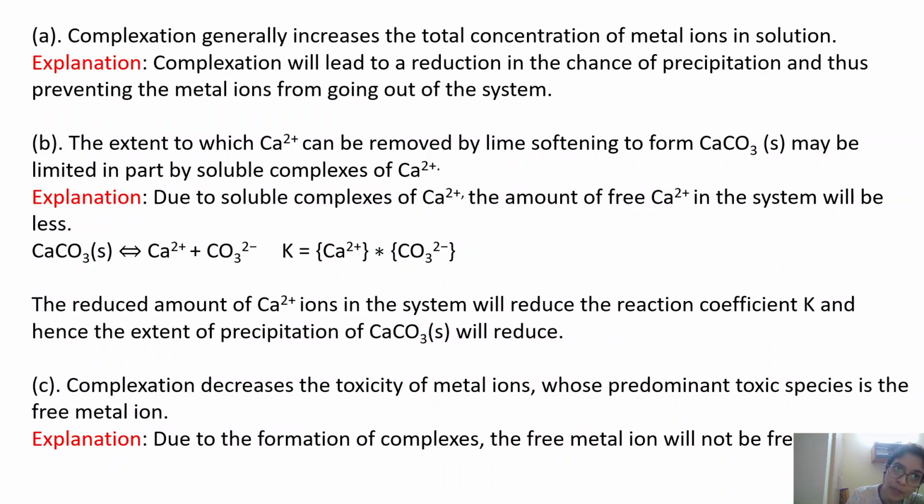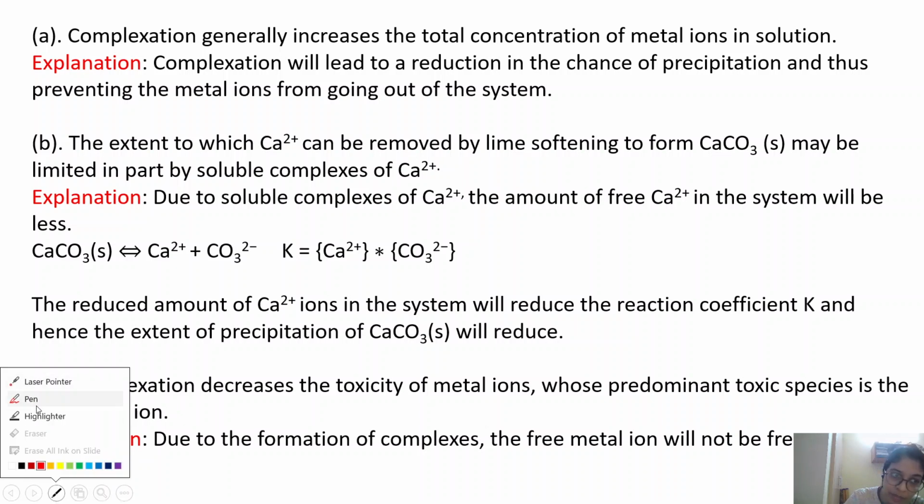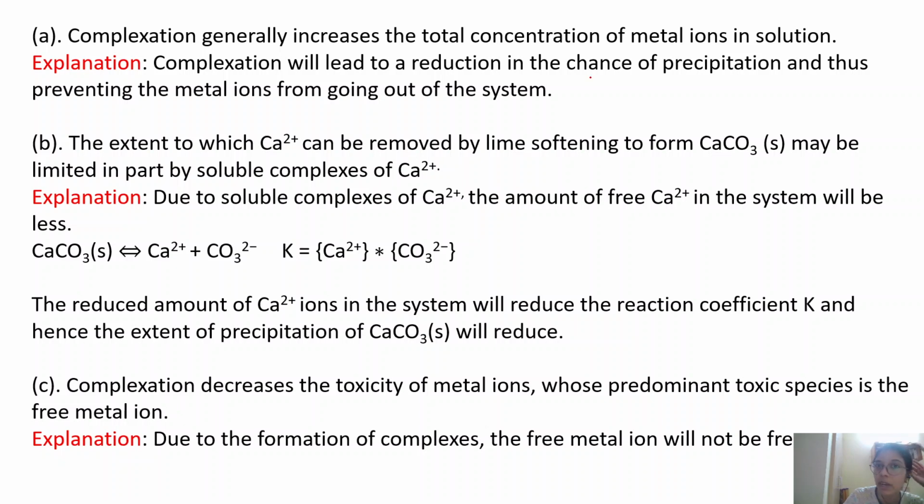We'll see how. The first option was that complexation generally increases the total concentration of metal ions in the solution. The explanation is that complexation will lead to a reduction in the chance of precipitation. There are many cations in the solution, like calcium.